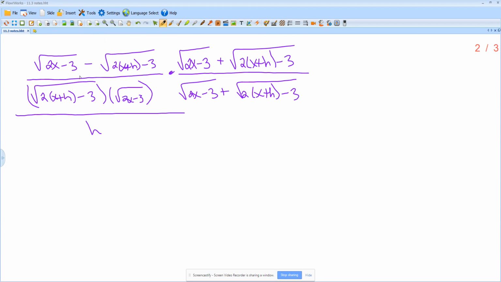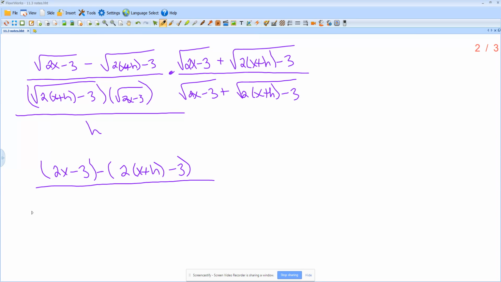Now, when I multiply that, square root 2x minus 3 times square root 2x minus 3 is going to give me 2x minus 3. A positive and a negative of these is just going to give me a negative 2x plus h minus 3.